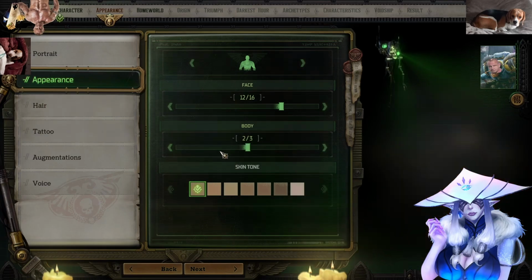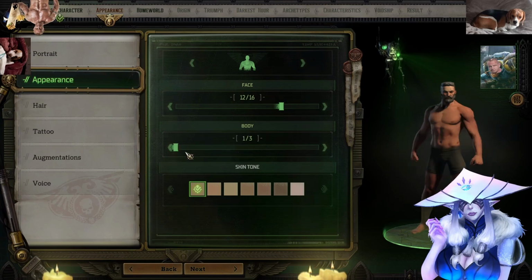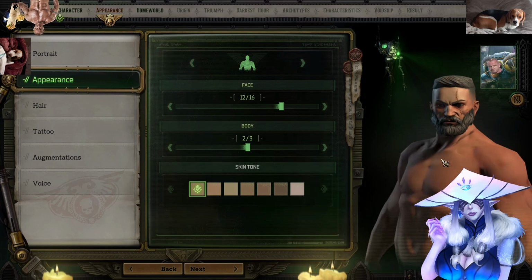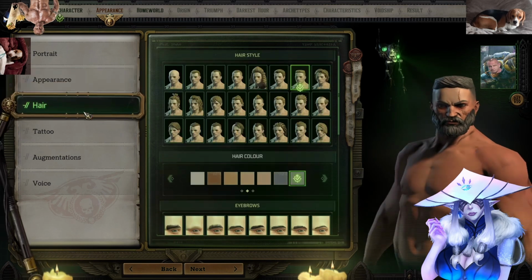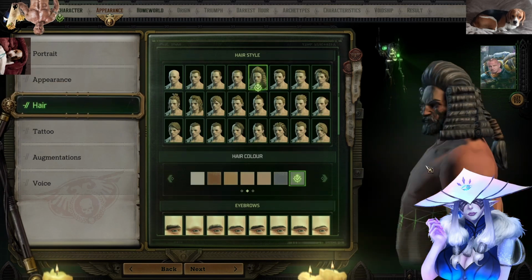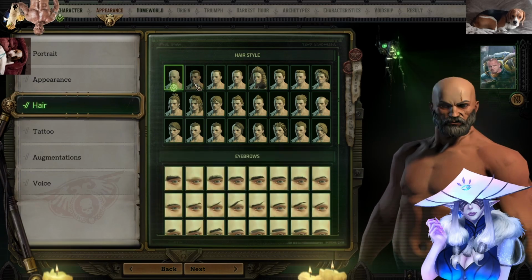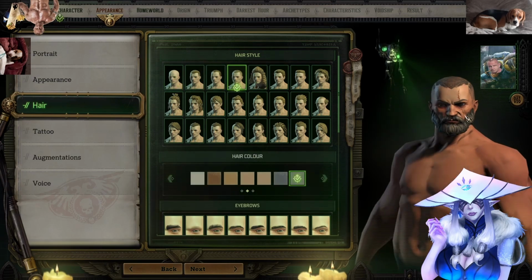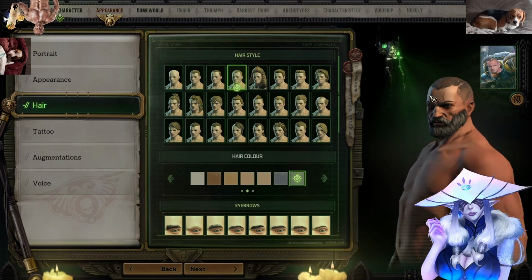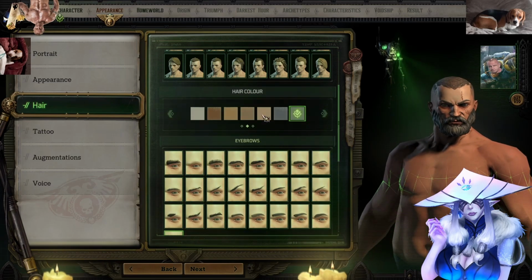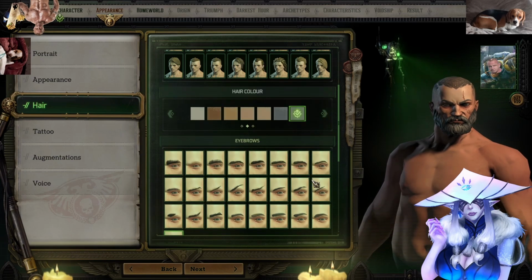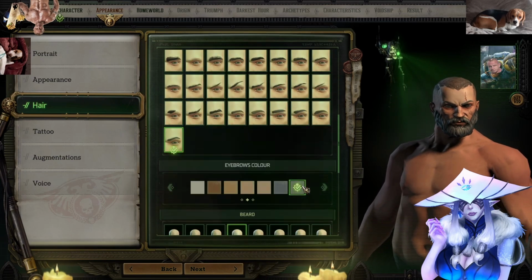Body. Hair. Oh, that's so Pudzian. This is exactly Pudzian, down to the T. Eyebrows, perfect.